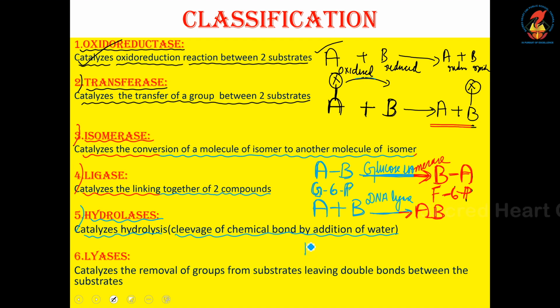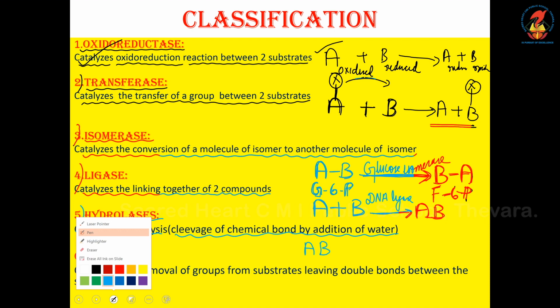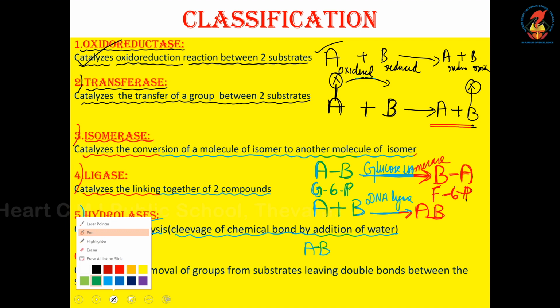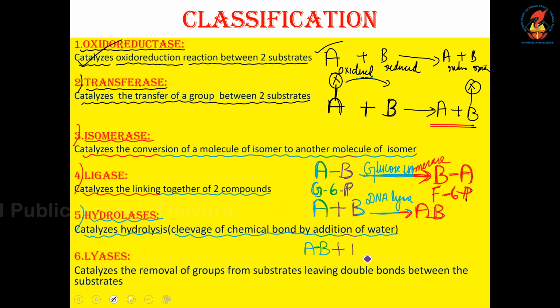Again, I am going with the same substrates A, B. There is a bond between A and B. On addition of water, which is going to be written as HOH, what happens is the bond between A and B is cleaved, broken, and we get two products, AH plus BOH. See the symbolic representation?